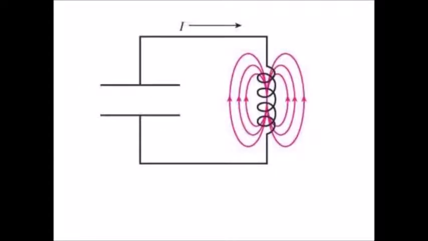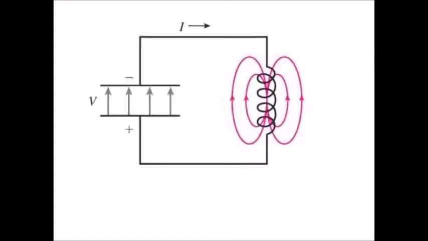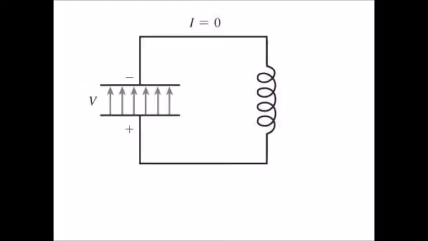Current is a maximum, and we're all done, only we're not, because the current wants to stop now, but the inductor won't let it stop. The inductor fights against changes in current, so as the capacitor is totally discharged, the inductor pumps charge onto the other plate. And then we have the same situation, only opposite.